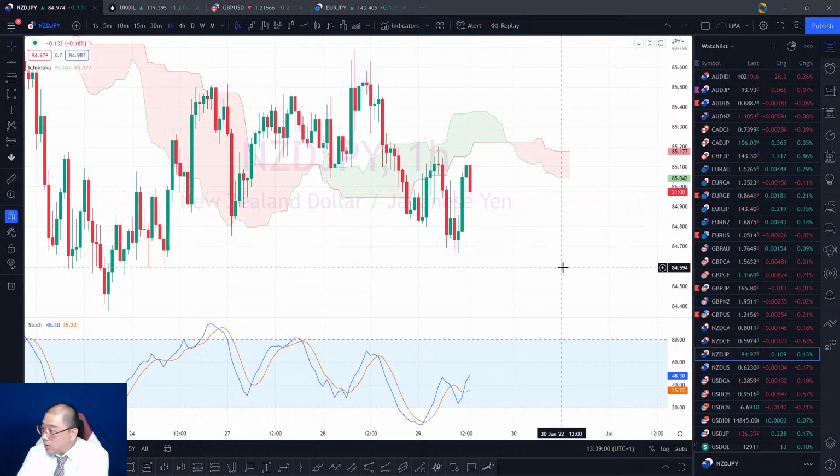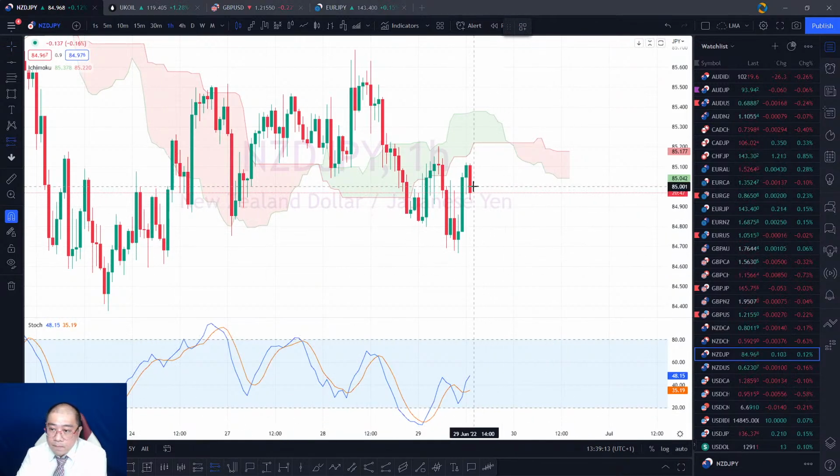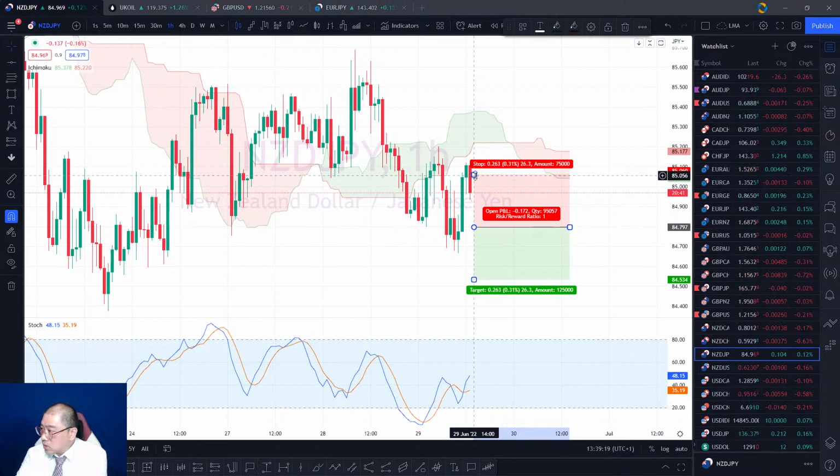Okay, New Zealand yen. 84.80. Stop loss at 85.35. 84.80, you got to sell. Stop loss is at 85.35.